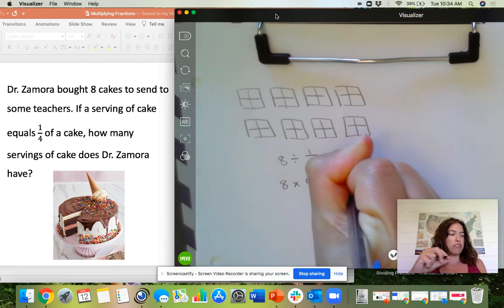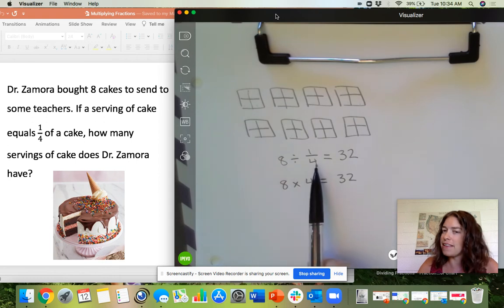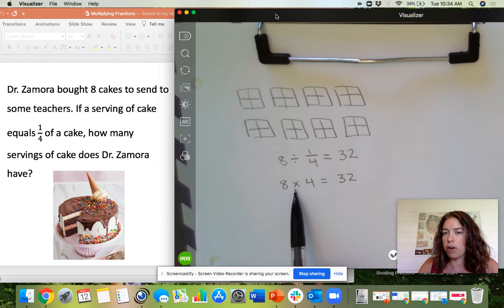And that will get me to my answer of 32. So some of us were already starting to see this pattern yesterday that 8 divided by 1/4 is exactly the same as 8 times 4. Really interesting. Okay, keep that in mind.